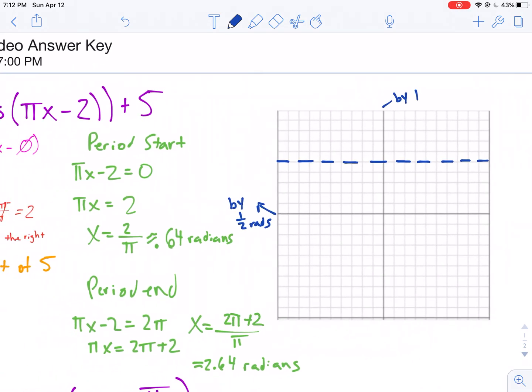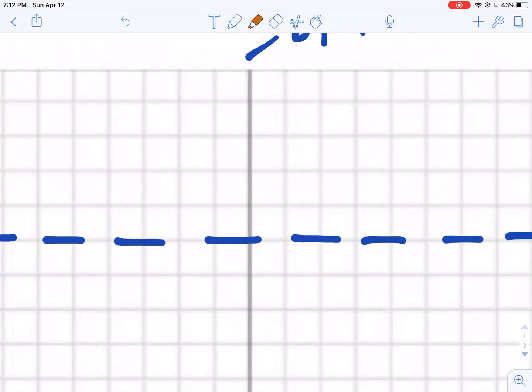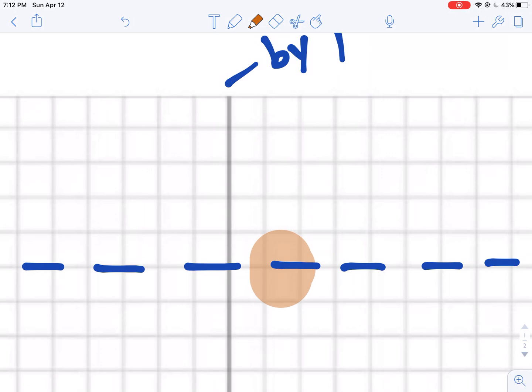I know that my period is going to start at roughly 0.64 radians. That's okay. That works out for me. So I'm going to go up and put a point. This is the cosine function, so that means it has to start above. So I'm going to highlight right around here. Somewhere in that region is going to be 0.64 radians, and then it's going to be 3 above this fake x-axis.